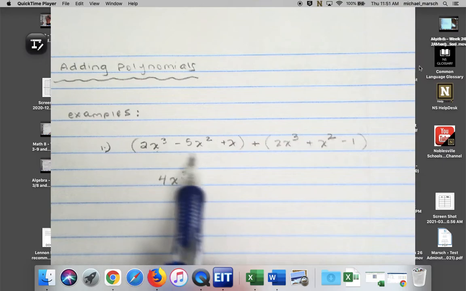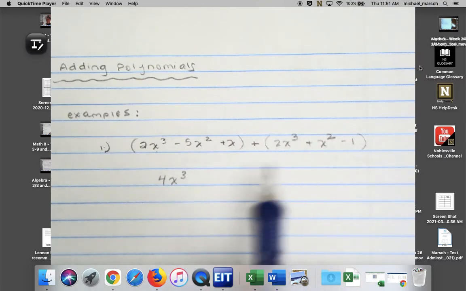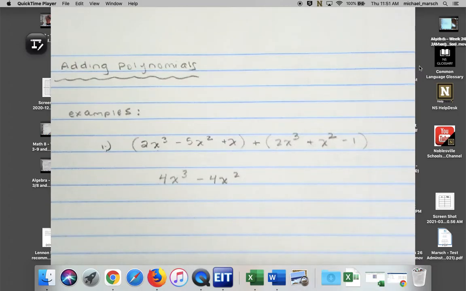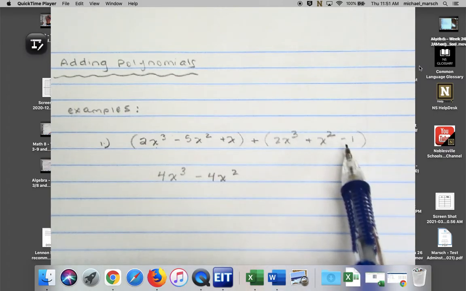Now I can combine negative 5x squared and positive x squared. So how many x squareds do I have? Negative 4x squared. Then I have a random x and a negative 1.